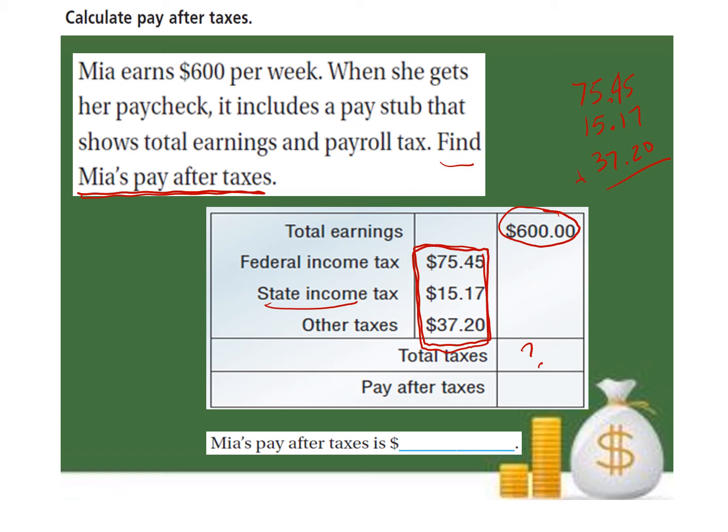If I add all of these up, she pays a total of $127.82 in payroll tax. And then we take $600 minus $127.82.